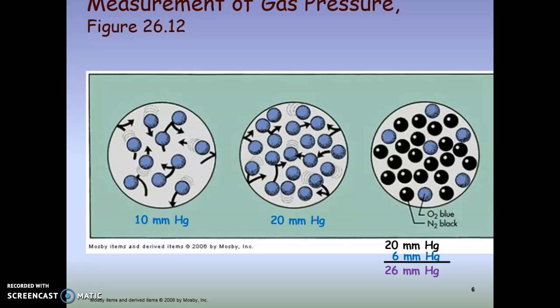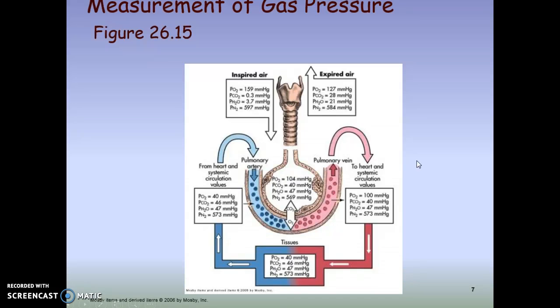And just a quick review of gas pressure and the different types of molecules, whether it be nitrogen, oxygen, or CO2, and the fact that they're moving constantly. Spend some time here looking at gas pressure, not necessarily memorizing any numbers, but use the numbers to give your mind a better understanding of what's going on.